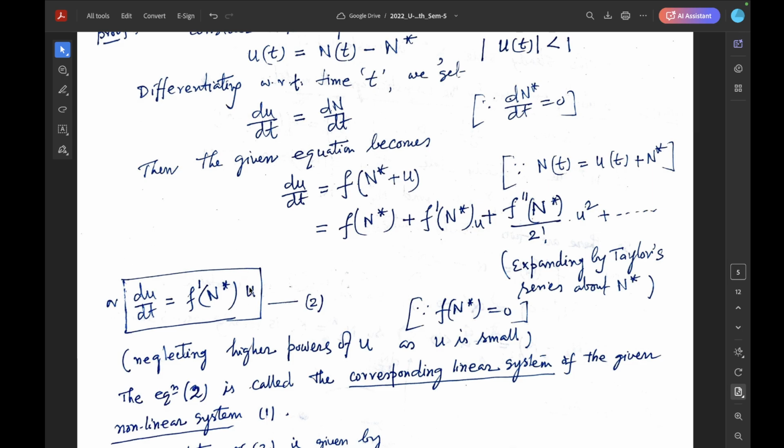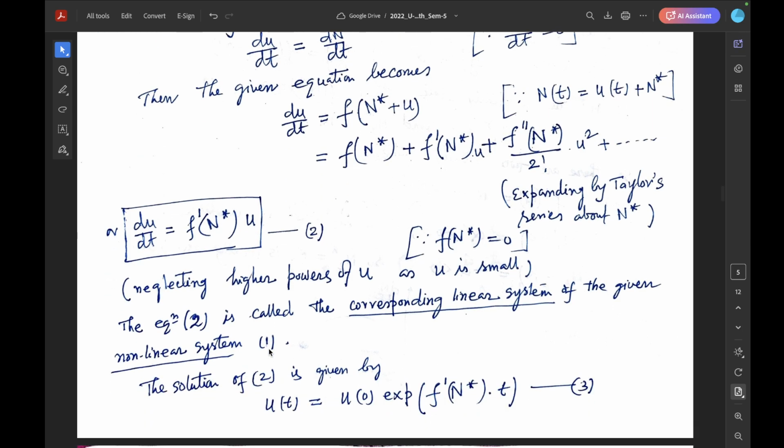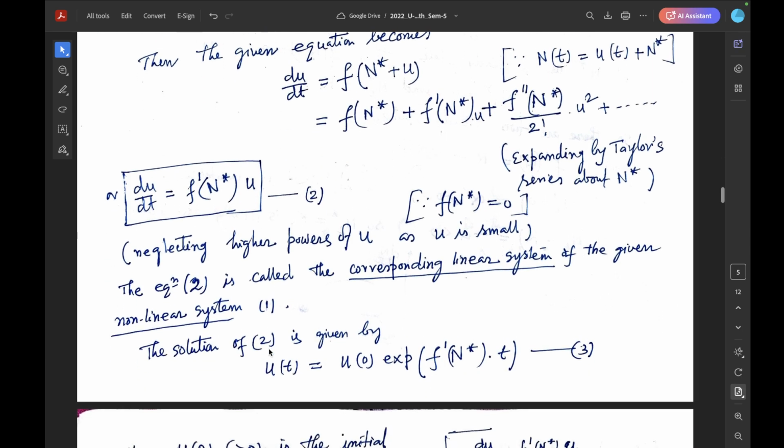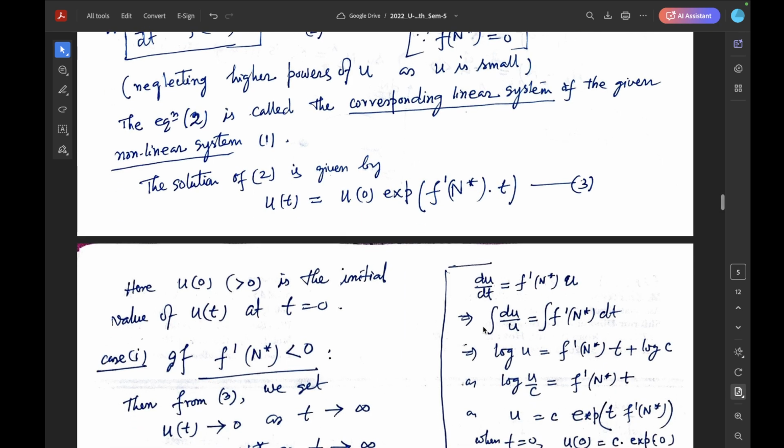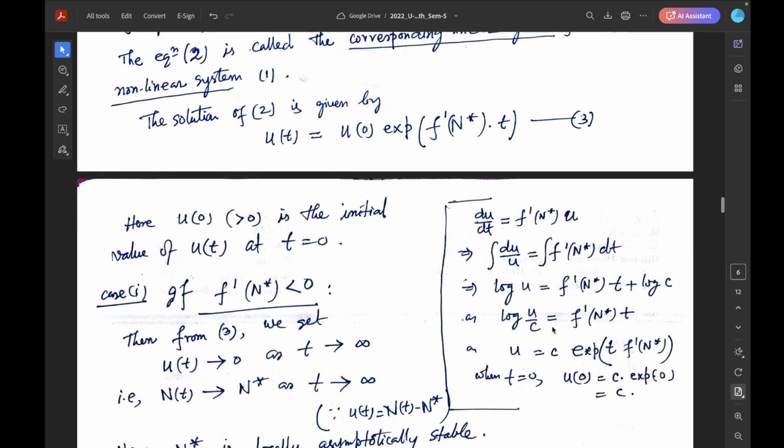So the corresponding linear system of the given nonlinear system 1, where f dash(n star) is constant. Solution of 2 is obviously u(t) equal to u0 e to the power f dash(n star) into t, because you can write du/dt equal to f dash(n star) u, integrating, we get log of u by c is equal to f dash(n star) t, so u equal to c e to the power f dash(n star) t.